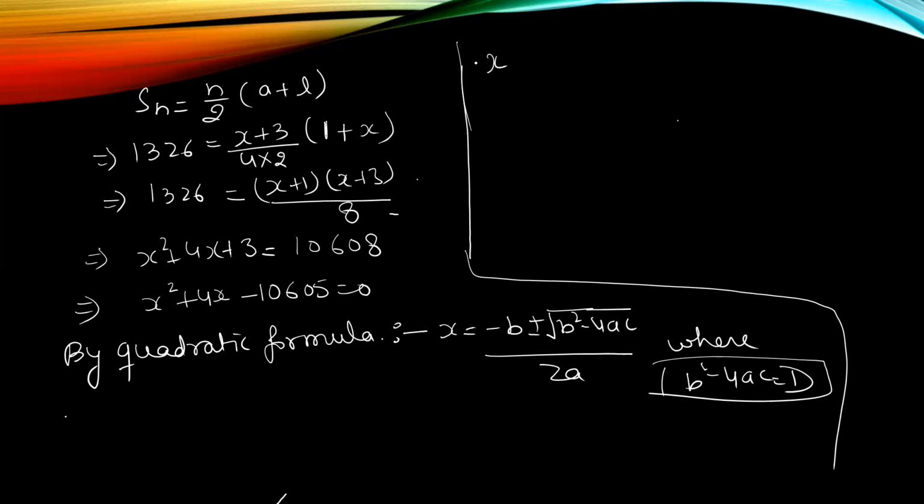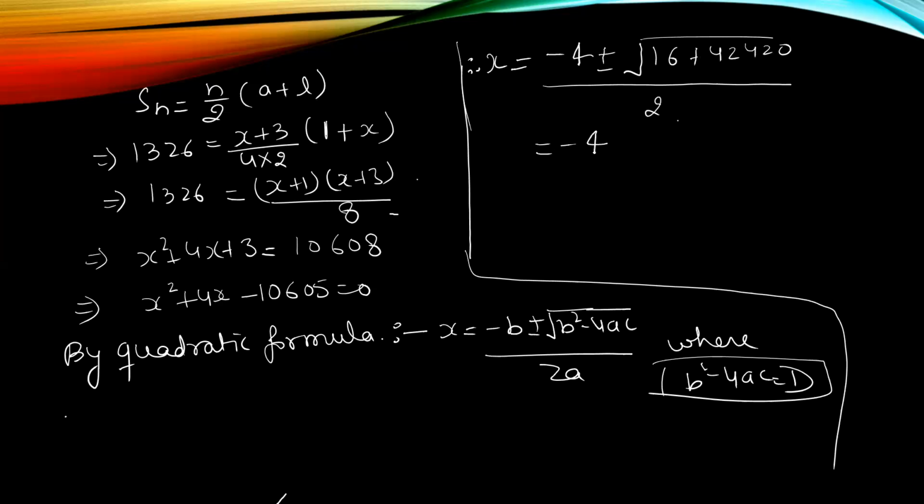Your x will be equal to minus 4 plus minus root of (16 plus 42420) upon 2, which is minus 4 plus minus root 42436 upon 2.